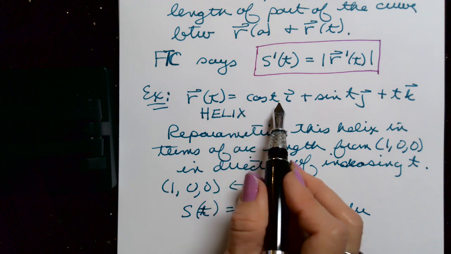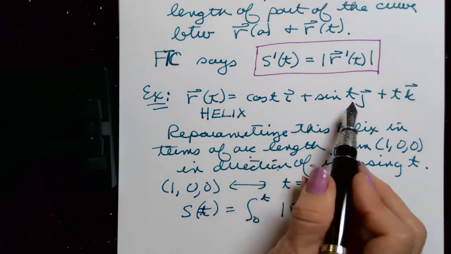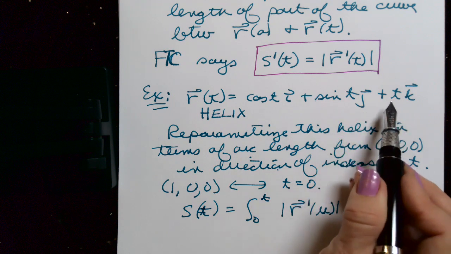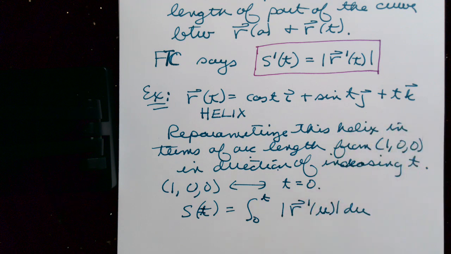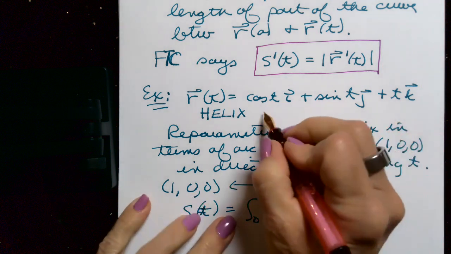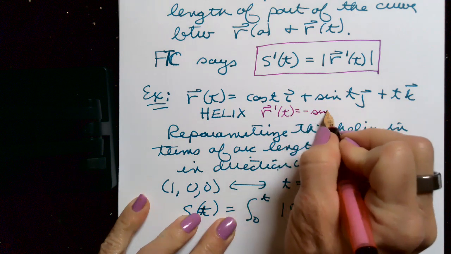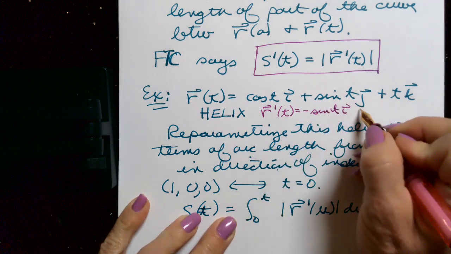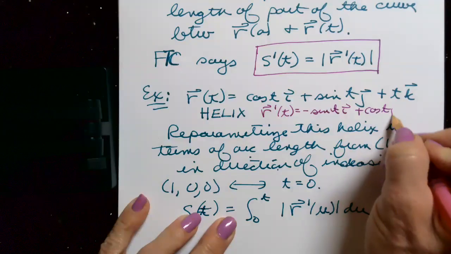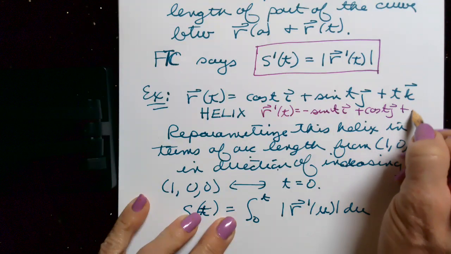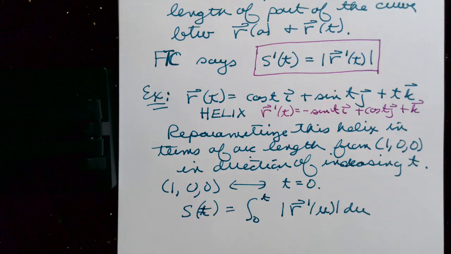Well, it'll be minus sine t i plus cosine t j plus k, right? Let's write that down. r prime of t is minus sine t i plus cosine t j plus k.